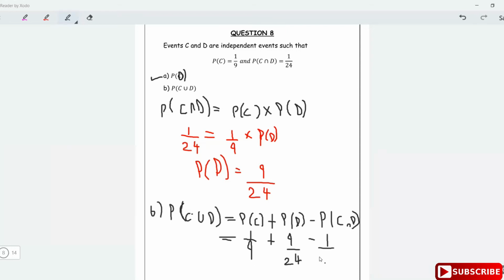You can go ahead and put all of this in your calculator, and that will give you your answer. 1 over 9 plus 9 over 24 minus 1 over 24, you get 4 over 9. That's the probability of C union D, 4 over 9. Easy.